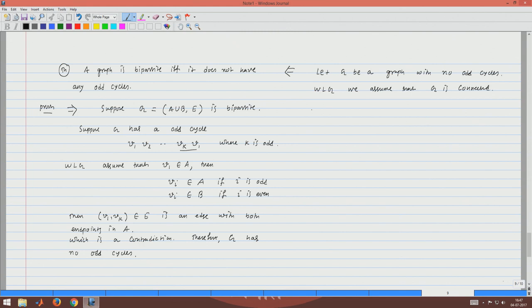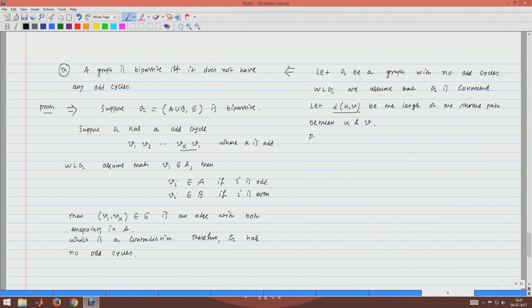Even if it is a disconnected graph, no issue. Let d(u, v), this is notation, be the length of the shortest path between u and v. This is the notation to denote the length of the shortest path between u and v.